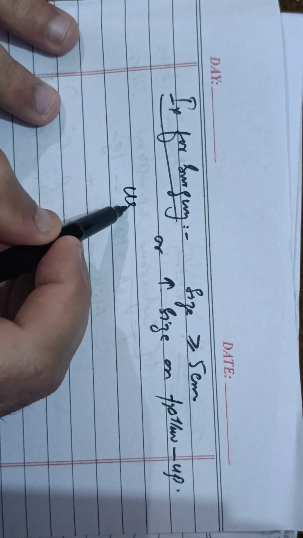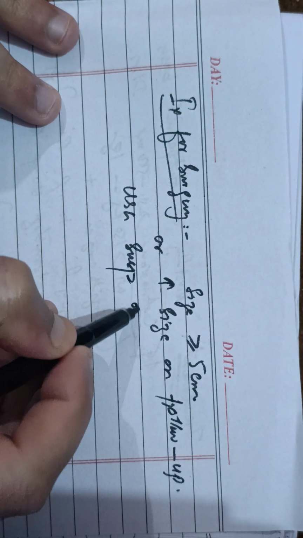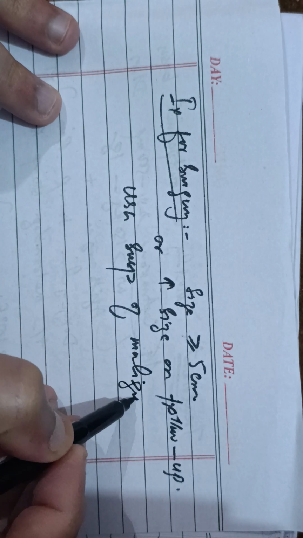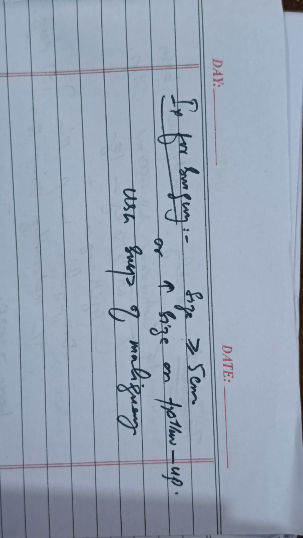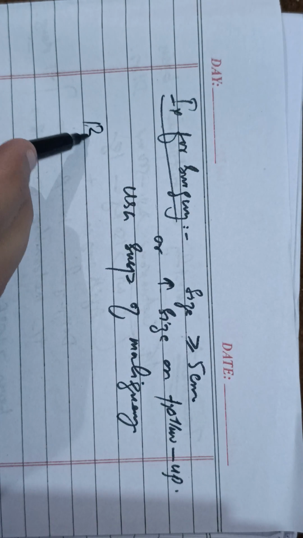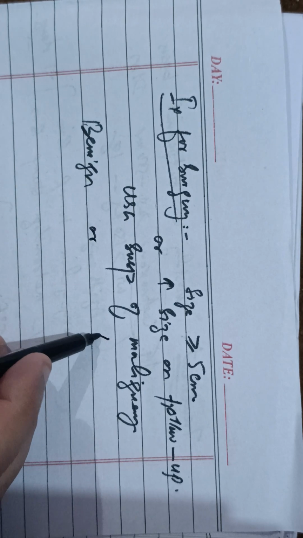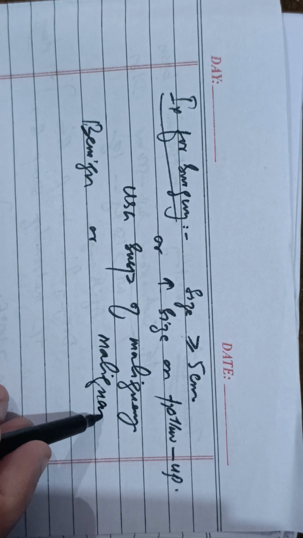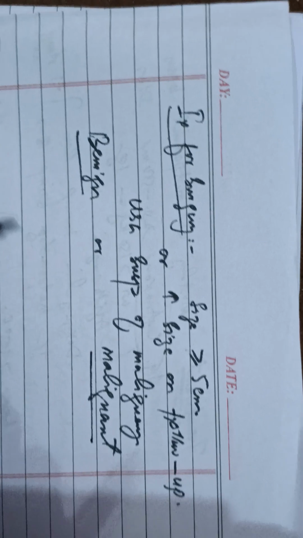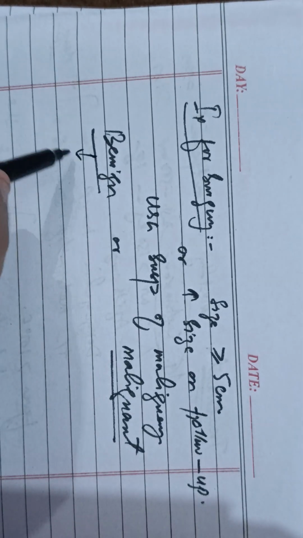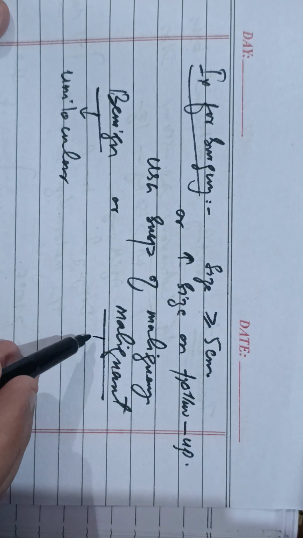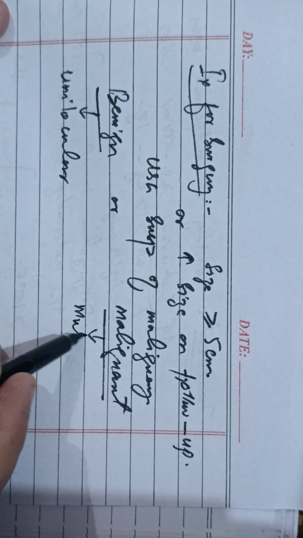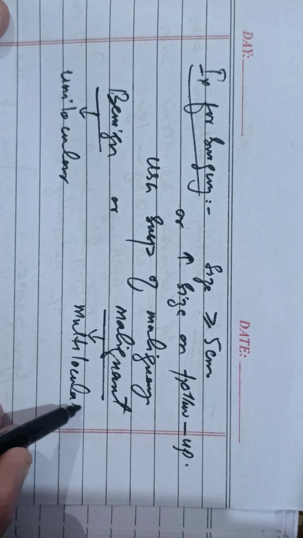The second one is ultrasound suspicious of malignancy. There are certain ultrasonic features which can differentiate whether the cyst is benign or malignant. What are these features? Benign is usually unilocular, while malignant is usually multiloculated.